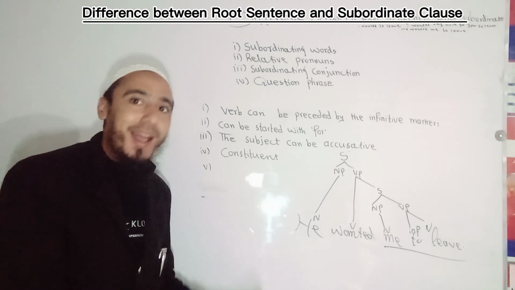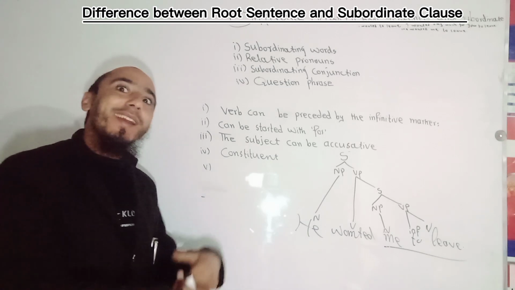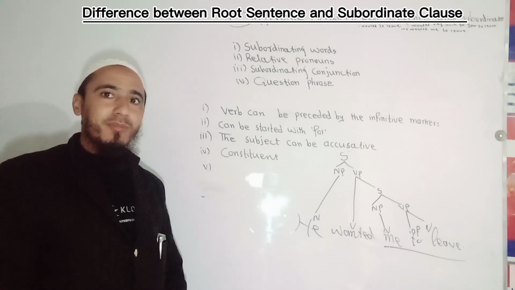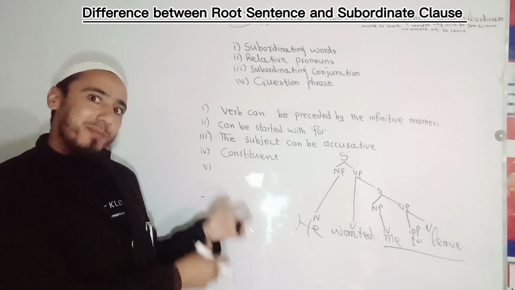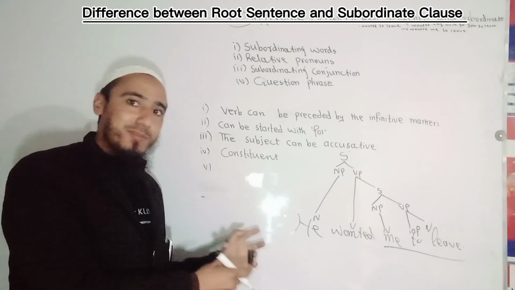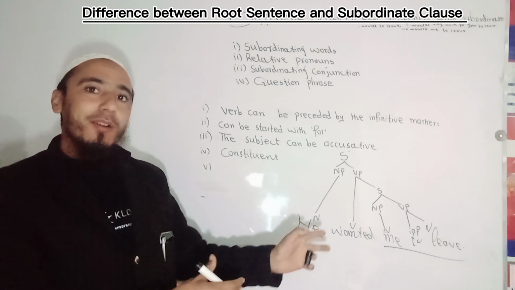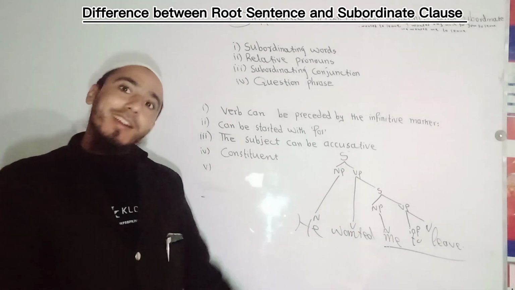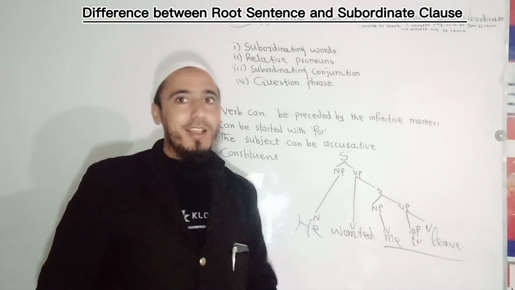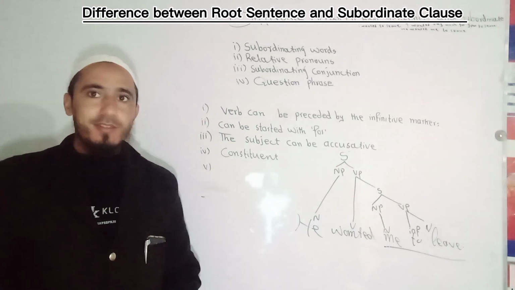It can be replaced as a whole. It can be deleted. It can play the role of a subject. It can also be an object of the verb. And it can be a modifier. So I hope that this topic is clear to you.